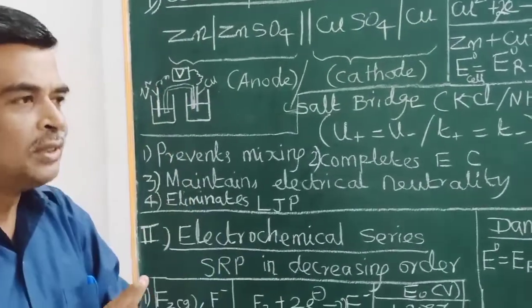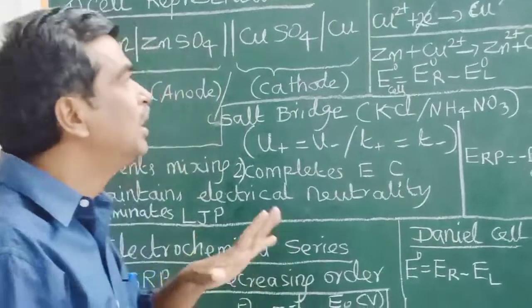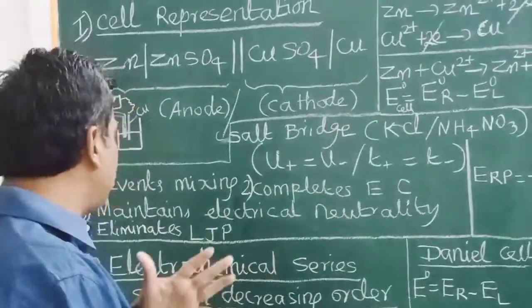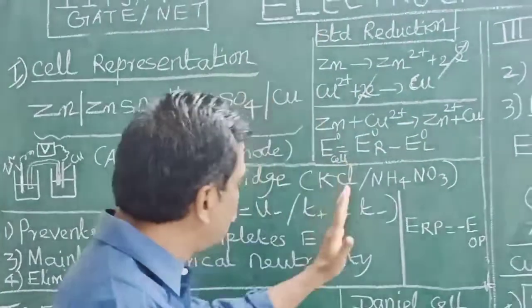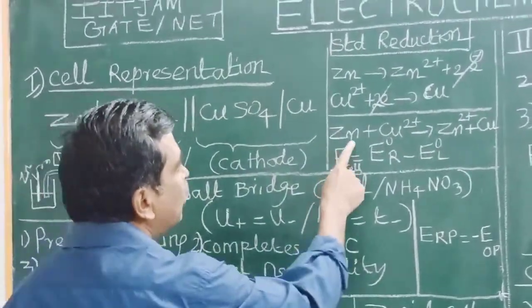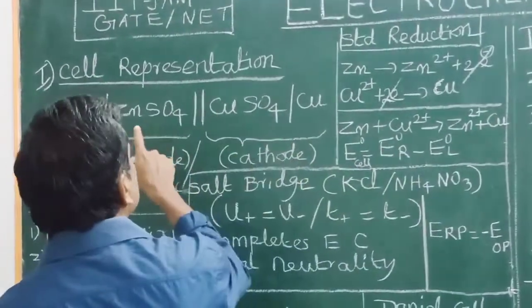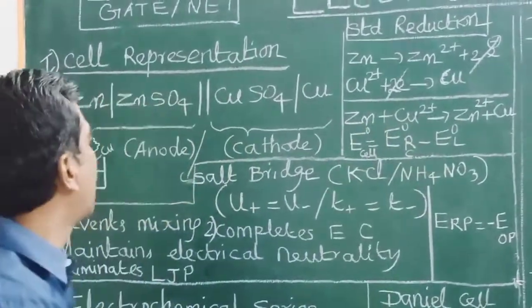You should always use standard reduction potential, as advised by scientists, although the species is oxidized. Therefore, E0 cell equals E right minus E left, that is, E cathode minus E anode.